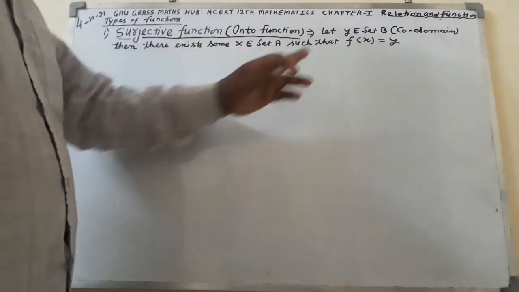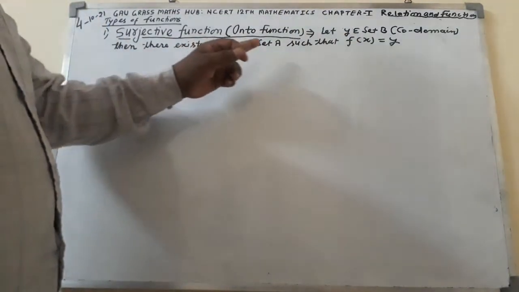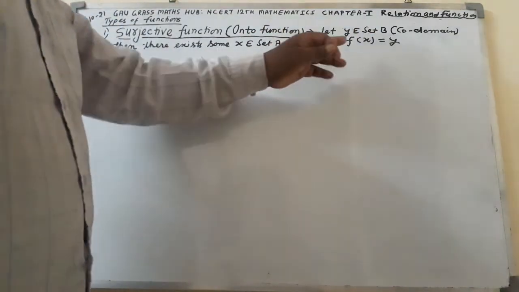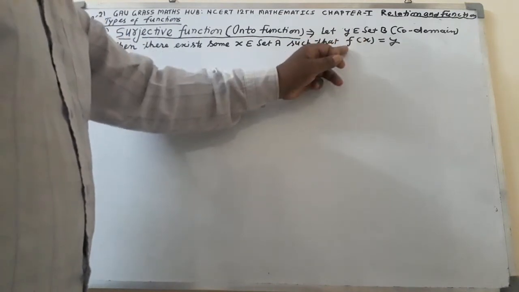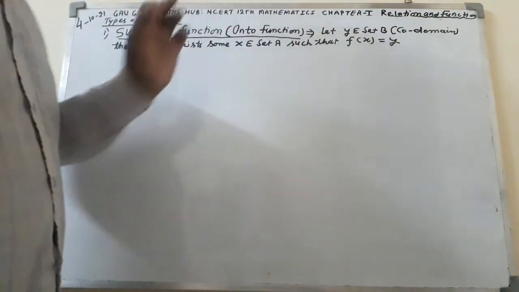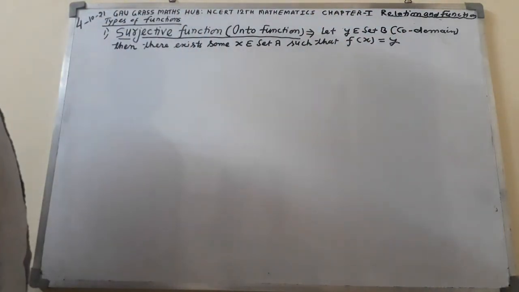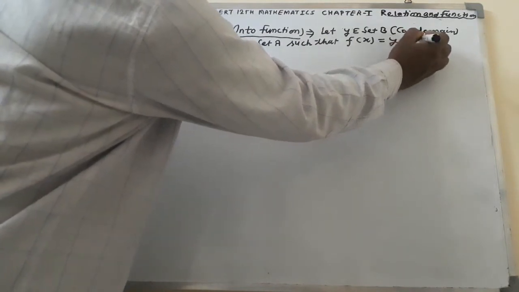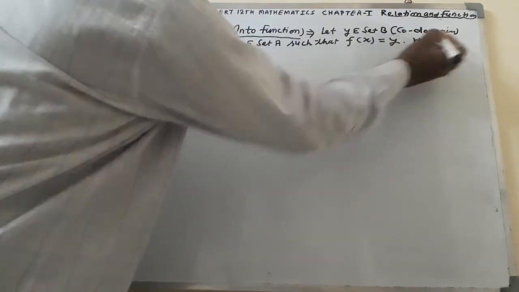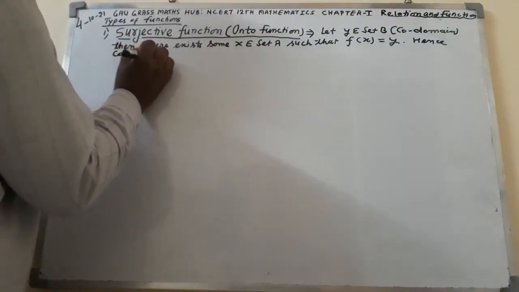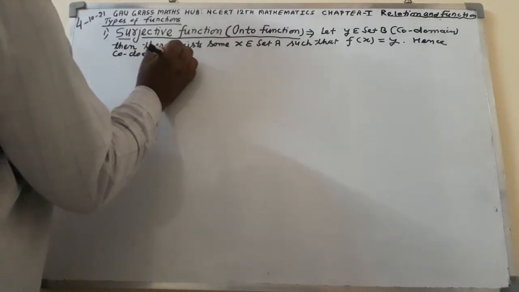x belongs to set A, y belongs to set B. Set A is the domain, set B is the codomain. If the image of x is y, then this codomain will be converted into range. Hence codomain equals range.